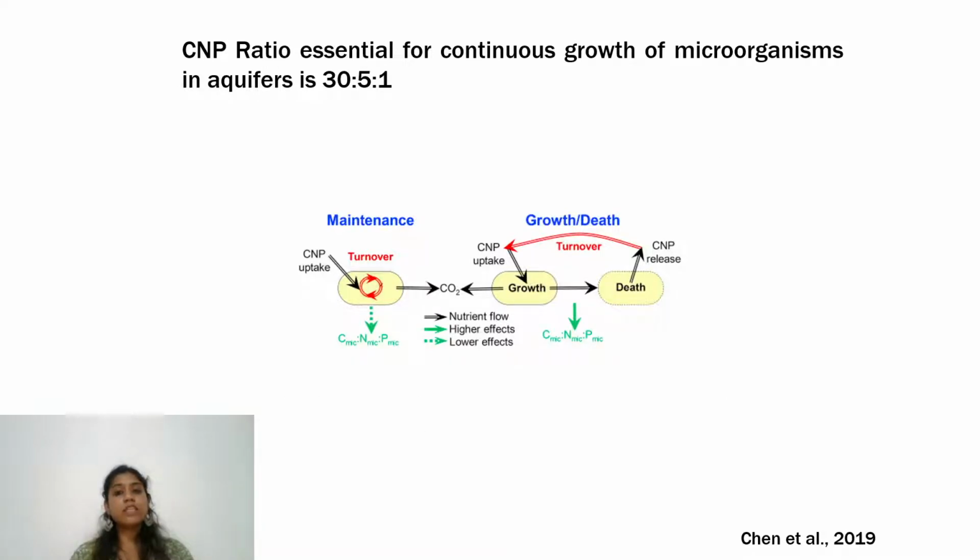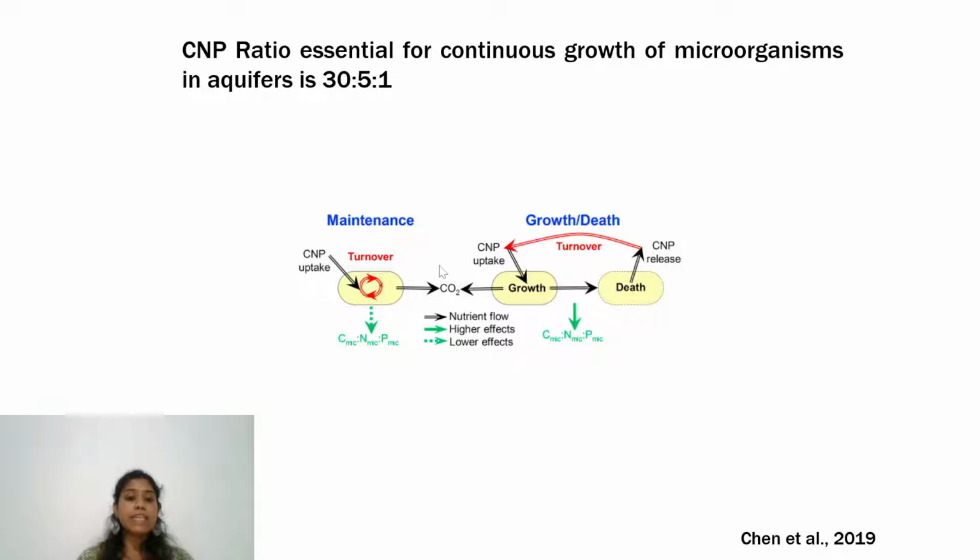And another important thing that we also have to keep in account is the CNP ratio, carbon nitrogen phosphate ratio, in the soil or water or wherever the source that needs to be converted is. This CNP ratio usually comes from the substrate amount itself. And if this ratio is not ideal for the microorganisms to grow, especially for the microorganisms to grow in places like aquifers, where we want to grow them at a particular condition, then the CNP ratio should be 30 is to 50 is to 1.